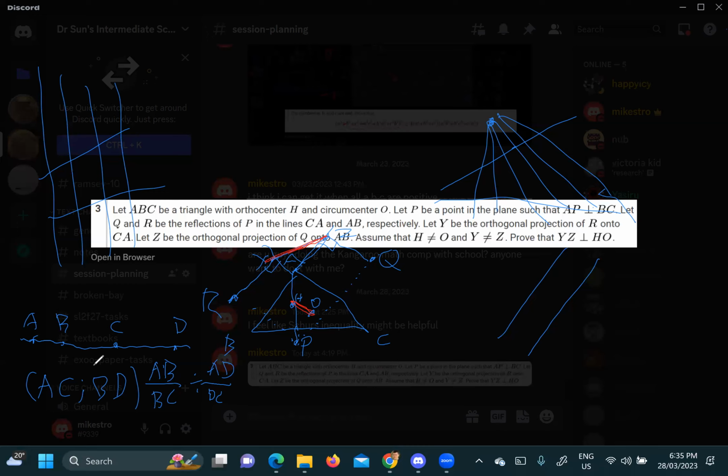The cool thing about this is that given a cross ratio and given 3 points, say we don't know what D is yet, say we're just given A, B, C and a number that is the cross ratio, then we can find D. D is uniquely defined. There's only one D such that the cross ratio of A, B, C, D is equal to what I say.